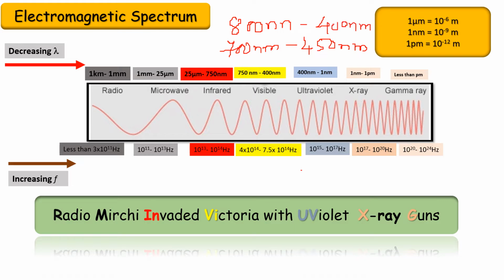So these are not very strict boundaries. They merge or fade into each other and there is continuity of the radiations. There is no gap in between. There is continuity in the electromagnetic spectrum.